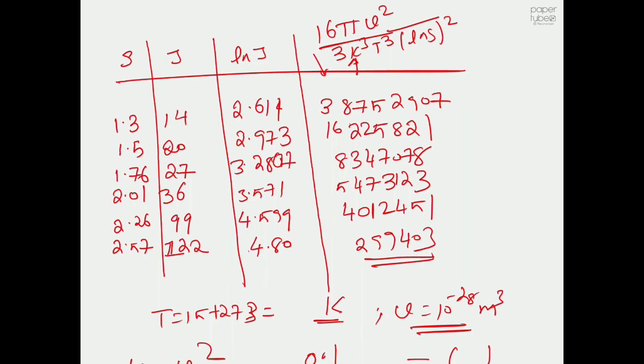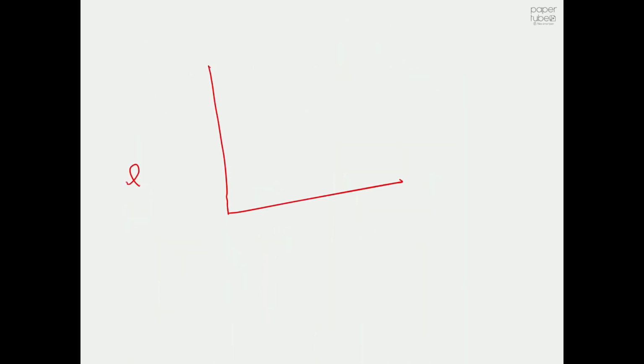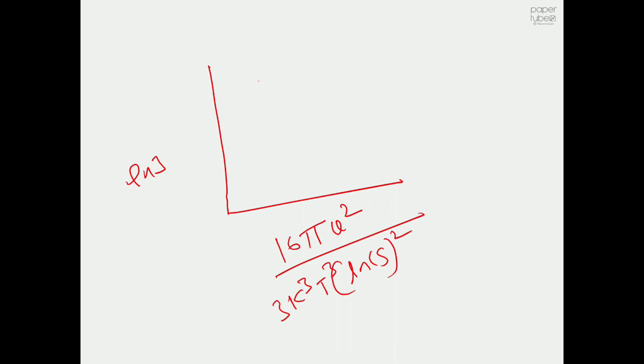But if you plot ln of J versus this big quantity we just calculated, 16 pi over 3k cube T cube ln of S whole square, you will get some points like that. Try to get the straight line. Whatever that slope is will be equal to minus sigma cube.